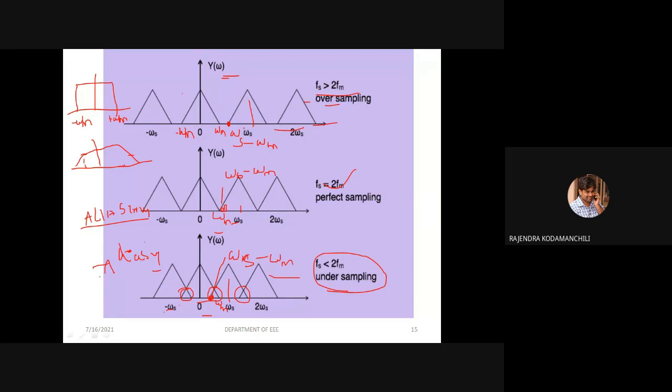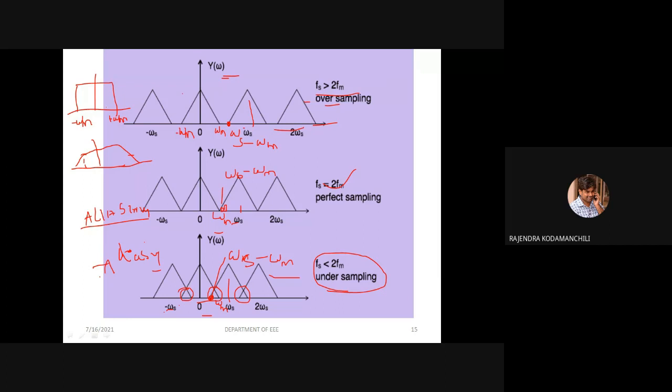Where do we use each? Anyone? A student answers that at f equals 2fm it is ideal, perfect sampling, and at f greater than 2fm it is the practical low pass filter.